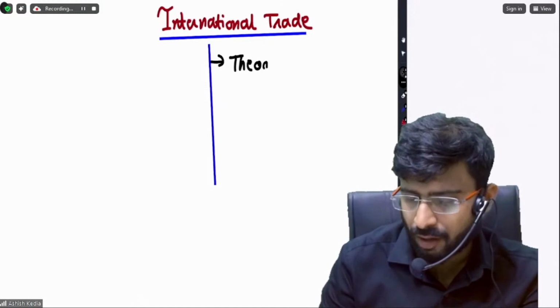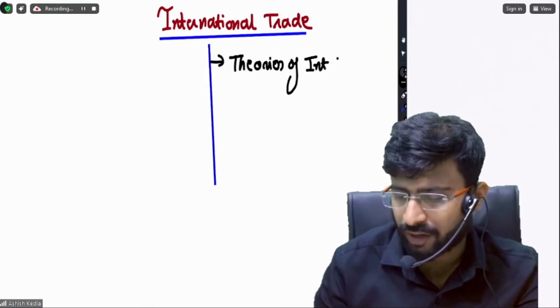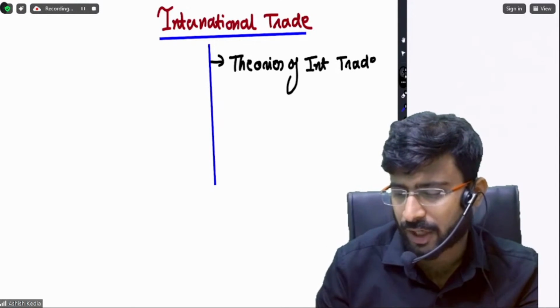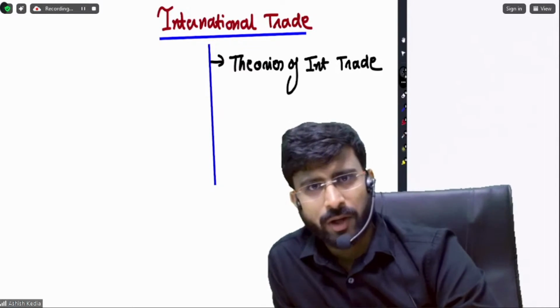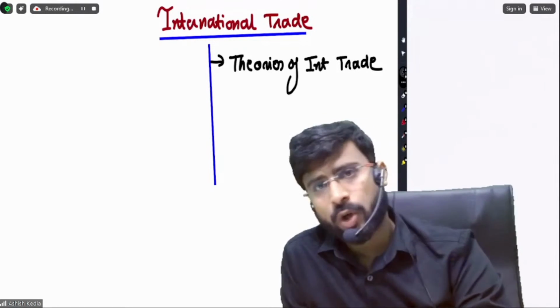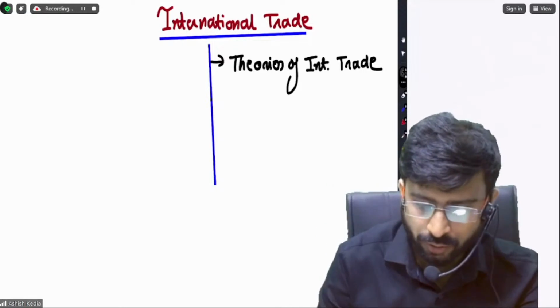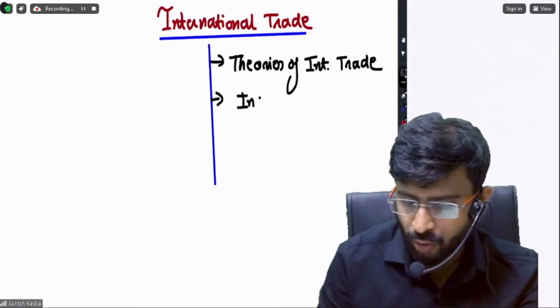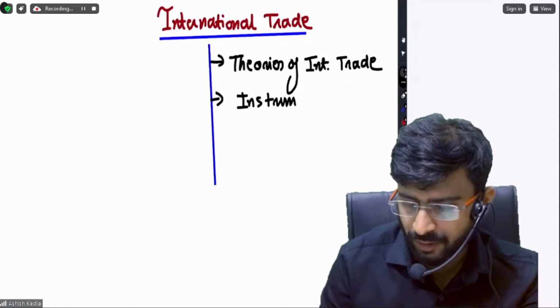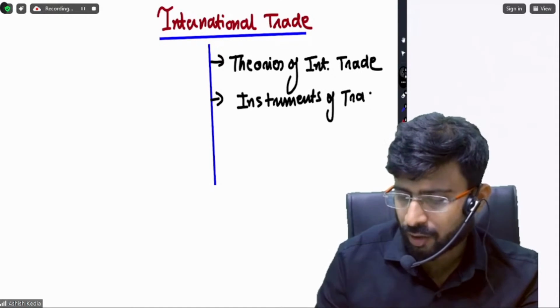Number one is theories of international trade. It is also divided into 5 units, and for 5 units, we have been assigned 5 days. A very systematic approach taken by ICAI. Number two, instruments of trade policy. I am telling you just the division of how our concept looks.